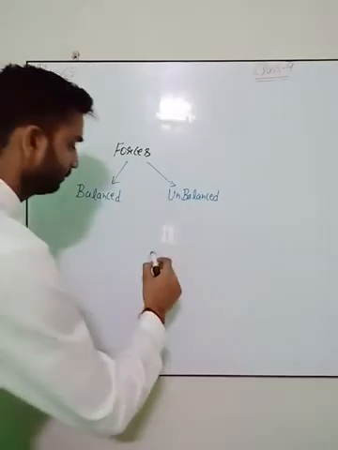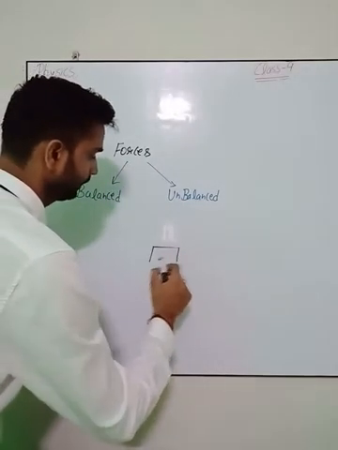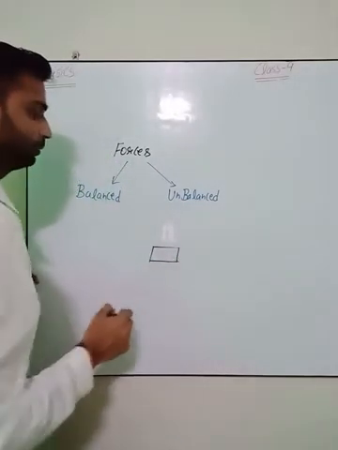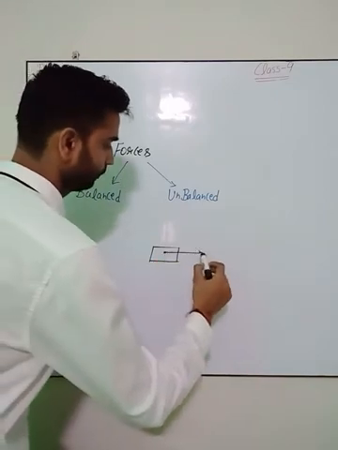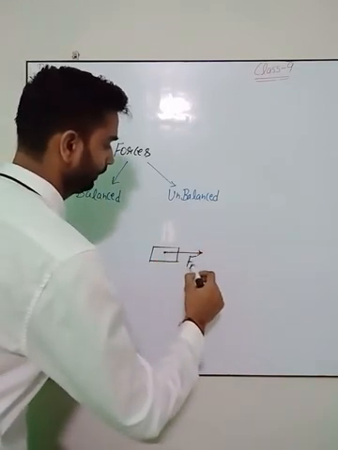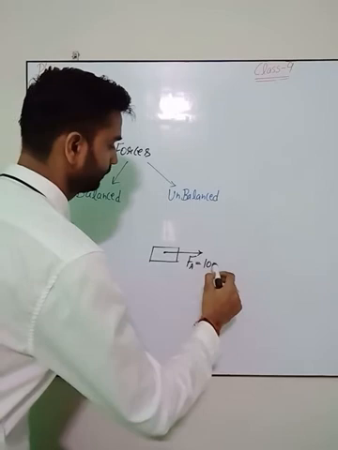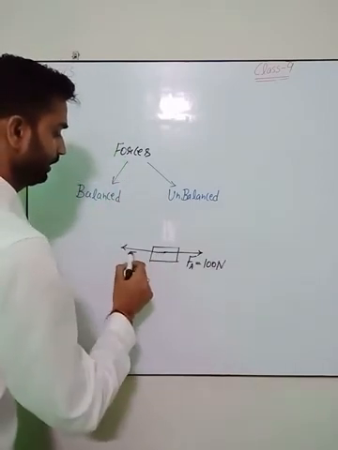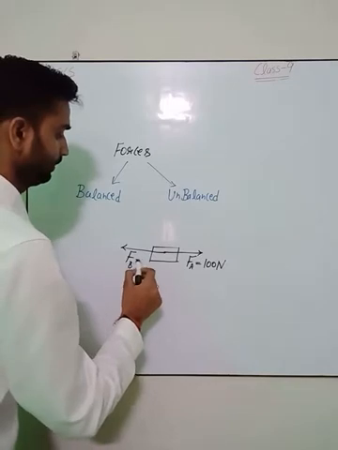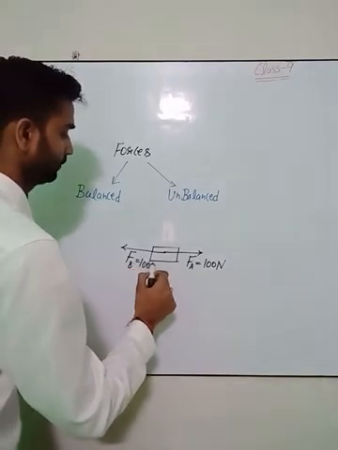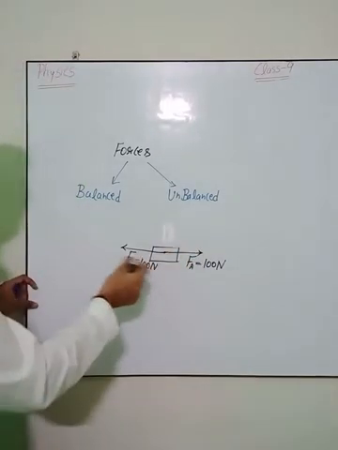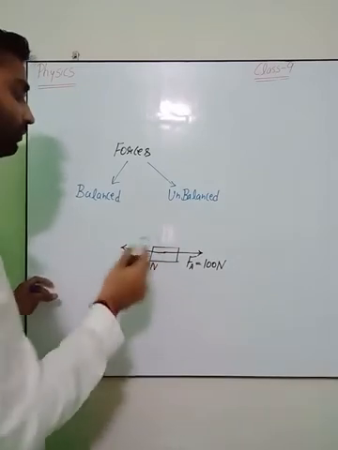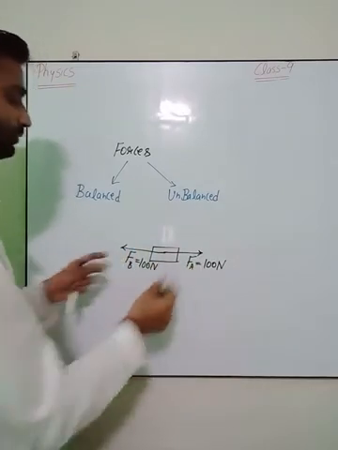What I mean is, suppose we have taken a box. On this box, force FA is acting at 100 Newton in this direction, and another force FB of the same magnitude, 100 Newton, is acting in this direction. So how much will be the resultant force of these two?